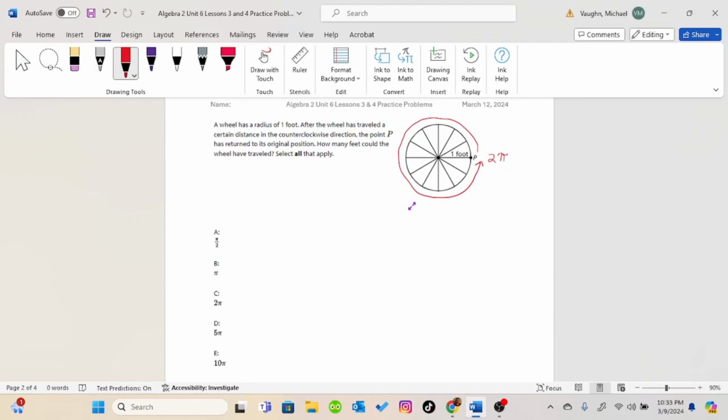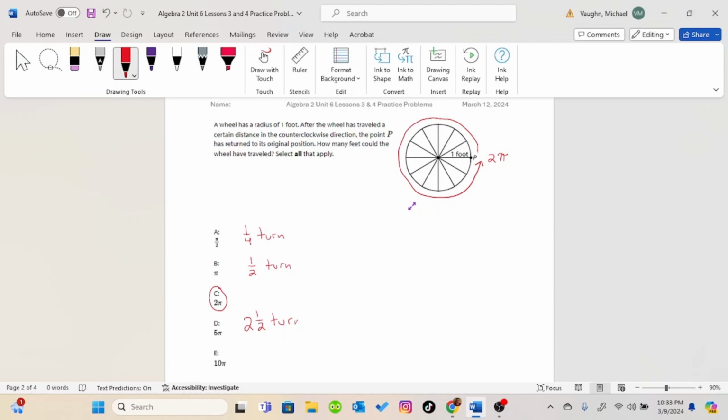So if it's gone all the way around, it couldn't be pi over 2. That would be 1/4 of a turn. It couldn't be pi. That would be 1/2 a turn. One rotation would make it 2 pi. 5 pi would be 2.5 turns.